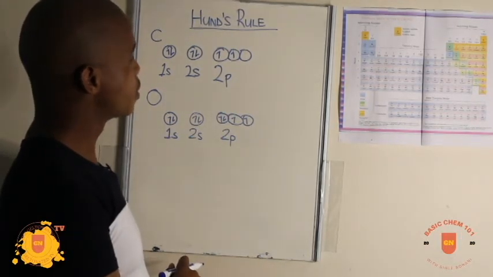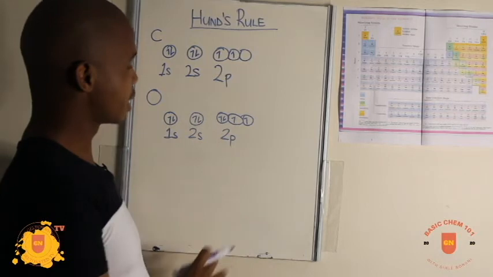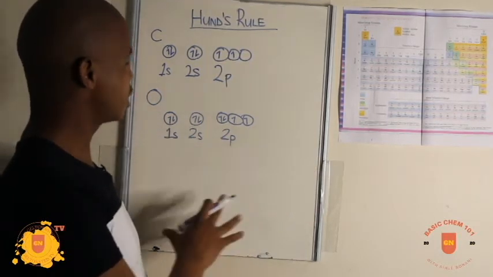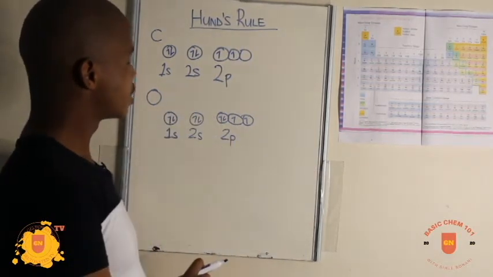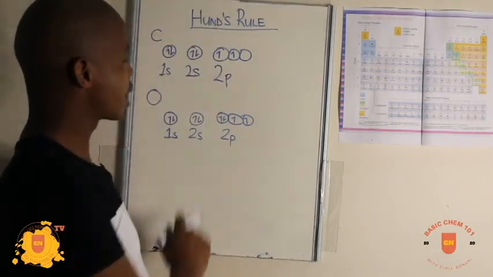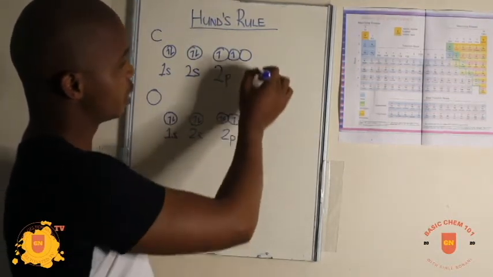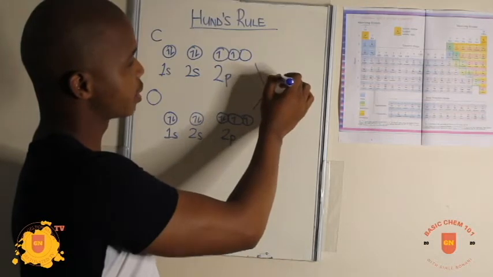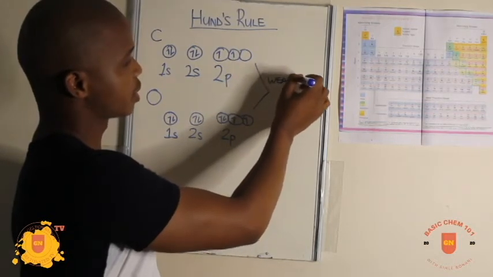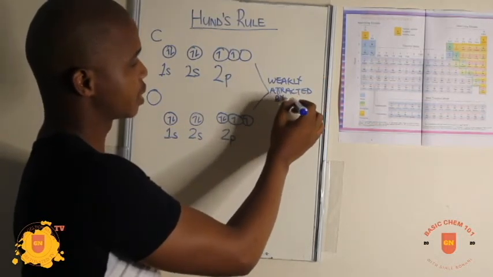So there is a net magnetic field in both of these. If you put a magnetic field or a large magnet near an oxygen atom or a carbon atom, these would be weakly attracted by the magnetic field.